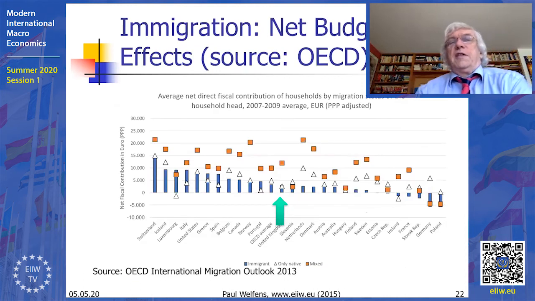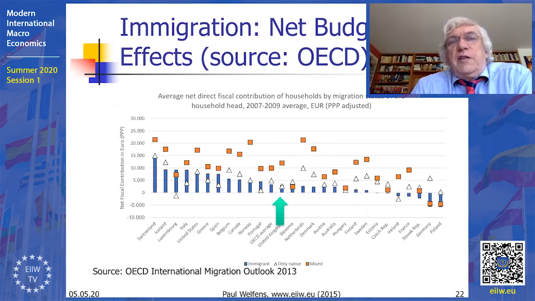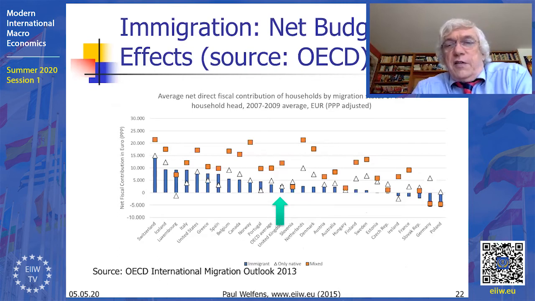Here you can see what I said before about the immigration link to the government budget. So we have net budget revenue effects, and we have very few countries.